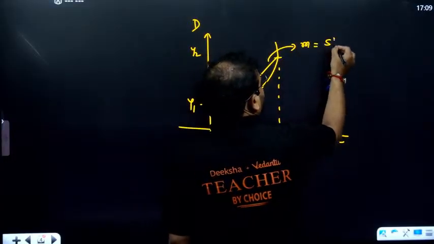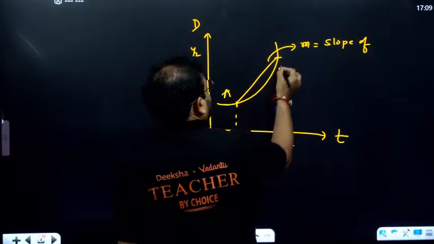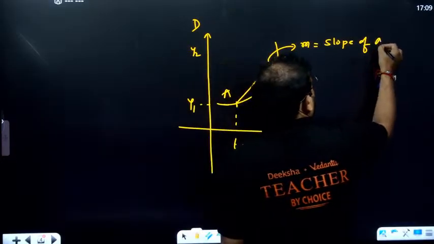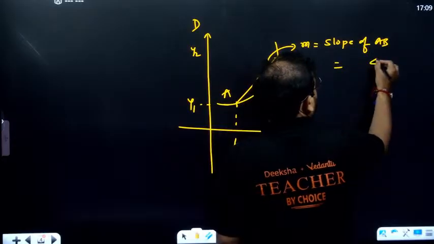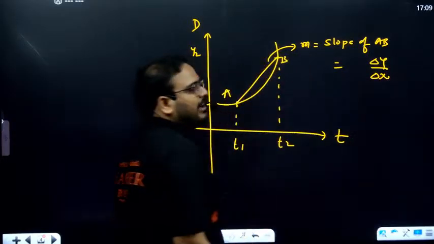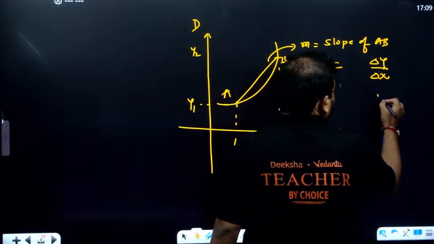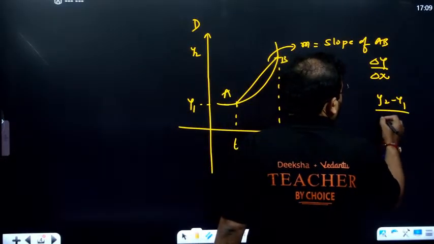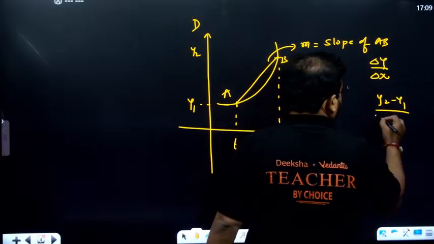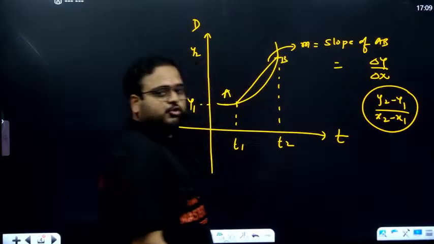M represents the slope of this chord. Let's say I write this as AB. The slope of the chord AB will be given by delta y upon delta x, the change in the y coordinate and x coordinate. Over here, delta y is what, beta? Check here. This is y2 minus y1 upon x2 minus x1. This is going to be the slope of AB.